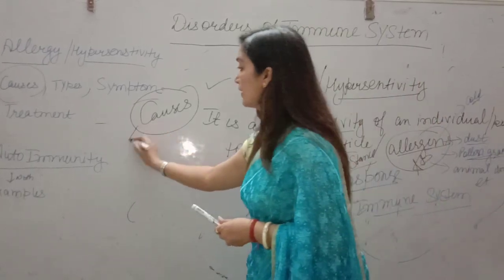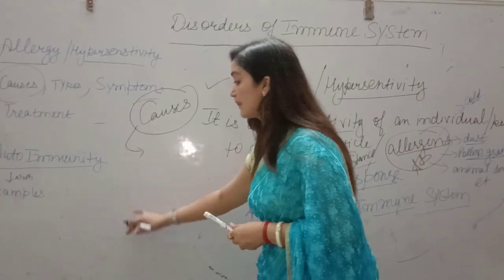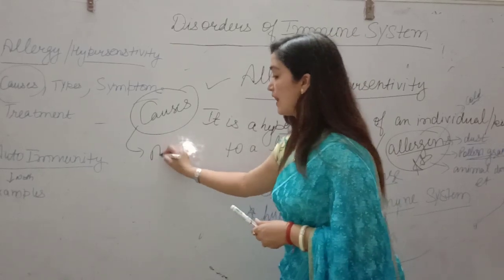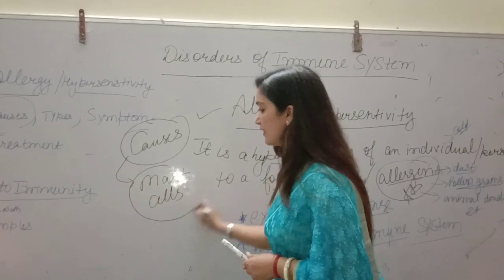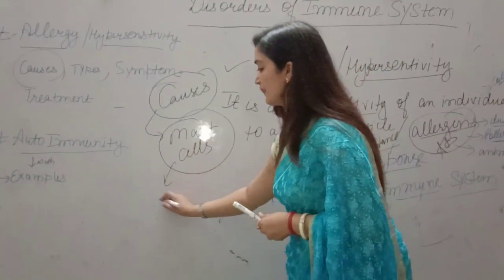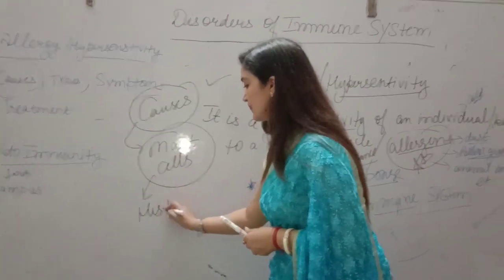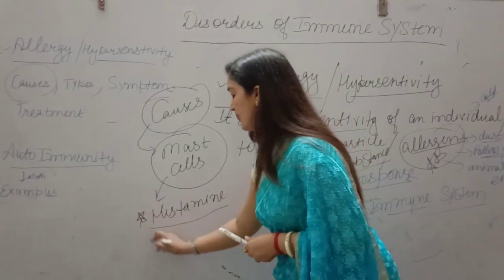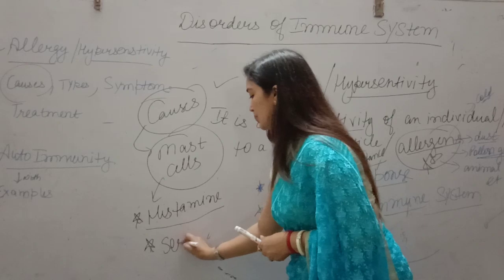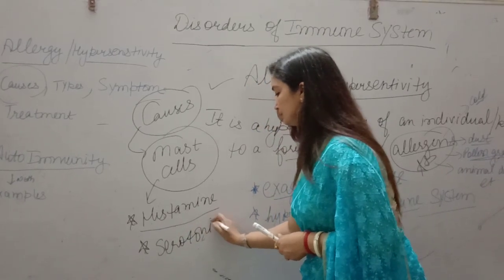The main cells involved in this allergic response are mast cells. These are cells of our immune system that release histamine, which dilates the blood vessels, and serotonin.